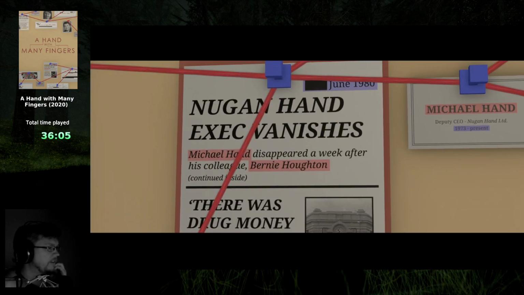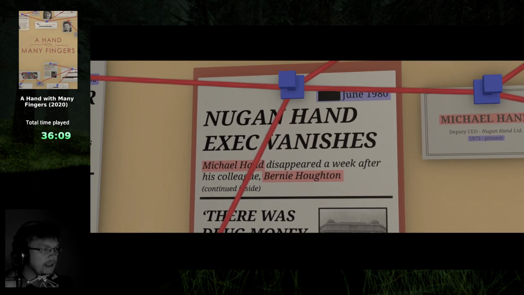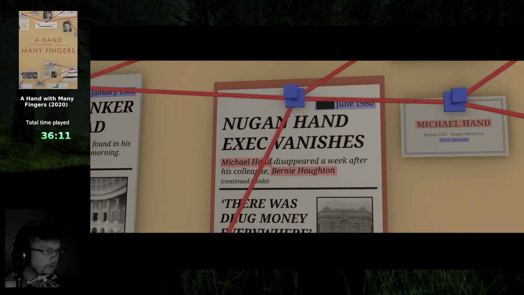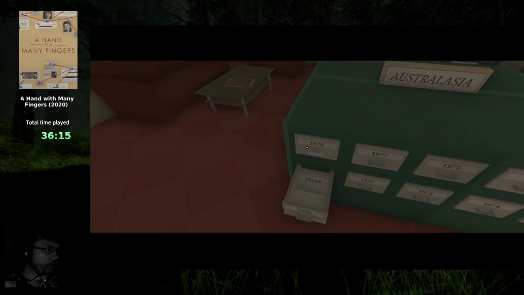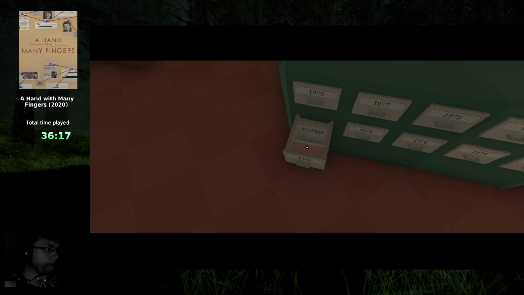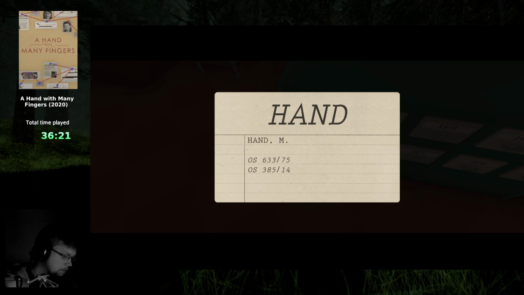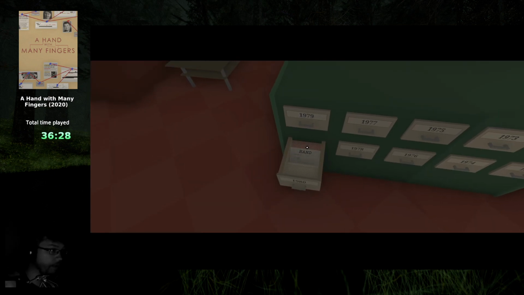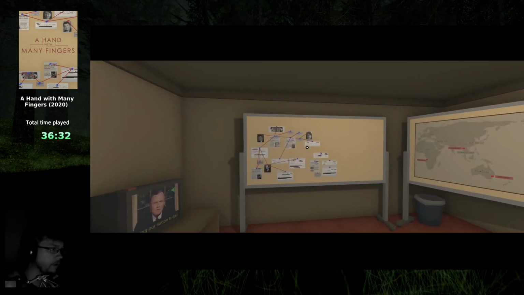Okay, so Hand disappeared in 1980, presumably in Australia. We've taken a look at both of these, actually. Nothing new here. But Houghton, that was also relevant.